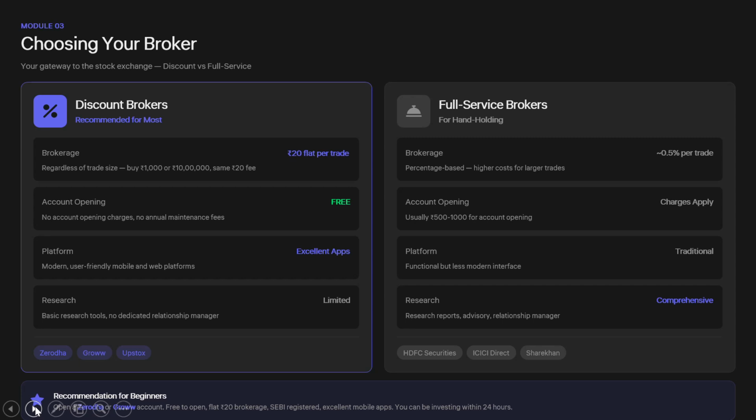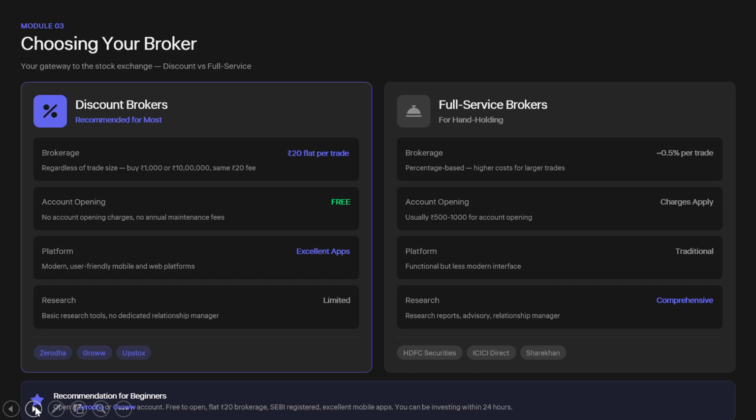I recommend these for most investors. Full service brokers like HDFC Securities or ICICI Direct charge high brokerage, around 0.5% per trade, but offer research, advice, and relationship managers. Better suited for investors who want hand holding.